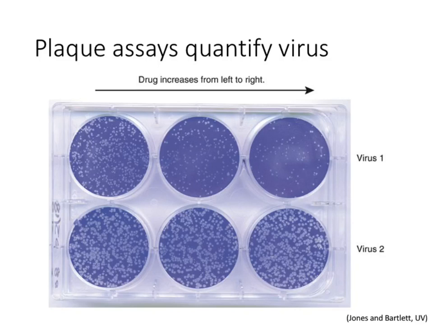Fetal bovine serum is more expensive, but those will provide additional nutrients that are found in blood serum that would allow for these cells to grow. So basically growth factors. Typically, these cells will grow to confluency, meaning they cover the full plate, and at that point you would infect them with the virus.